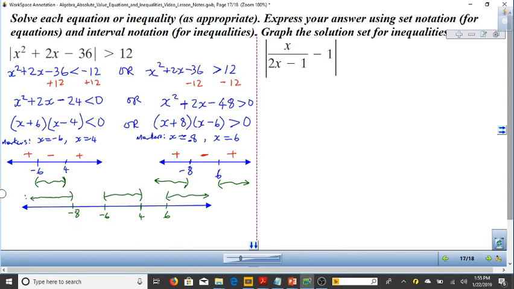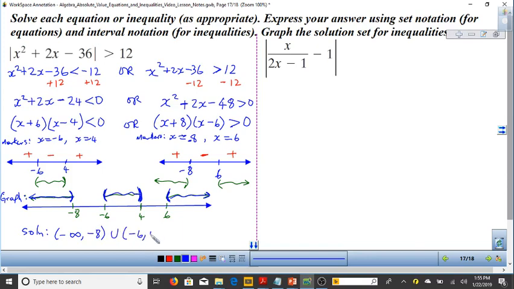So I can just erase prelim and write graph since I don't have any overlaps. And anything in these regions works because that's an OR. Our OR says not where it overlaps, but whatever works for a region. So my interval notation for my solution would be negative infinity to negative 8, union negative 6 to 4, union 6 to infinity.